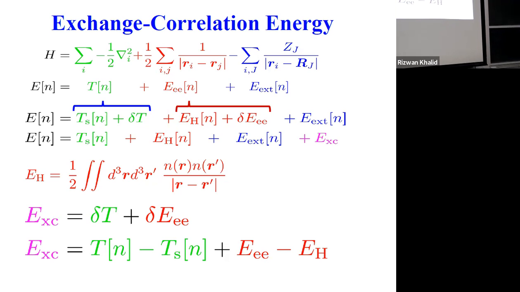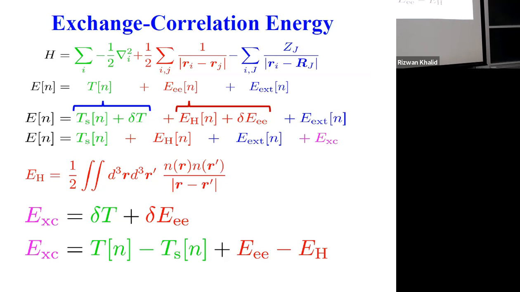And in a similar way, electron-electron repulsion and Hartree energy, which is Coulomb repulsion of electron density with itself. So exchange correlation energy has two contributions, kinetic energy contribution and electron-electron repulsion contribution.